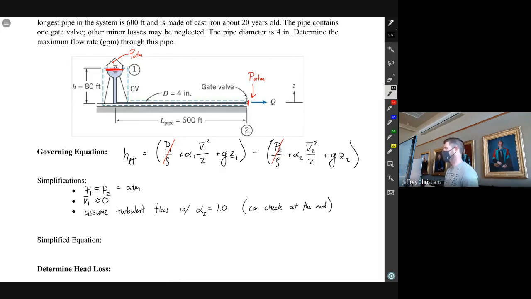Yeah, Nick. Could you explain why the tank is atmosphere? So it's a water tower, which is probably not pressurized at the top. So there's probably a vent that's open to the air. Nothing too specific, just thinking about what's happening with that surface.